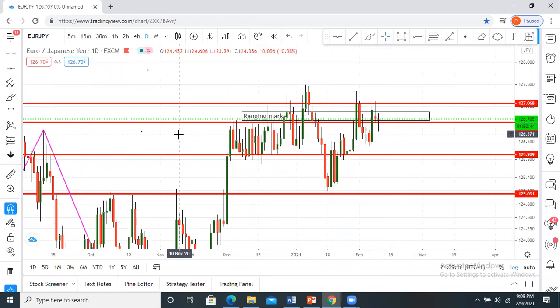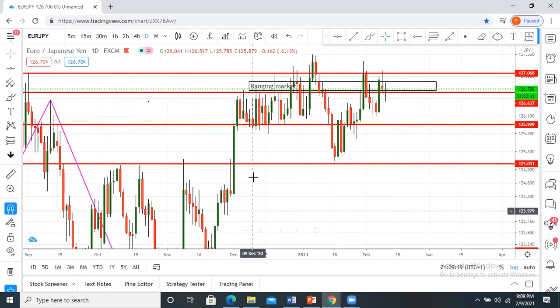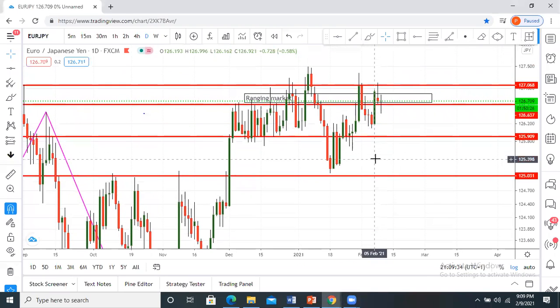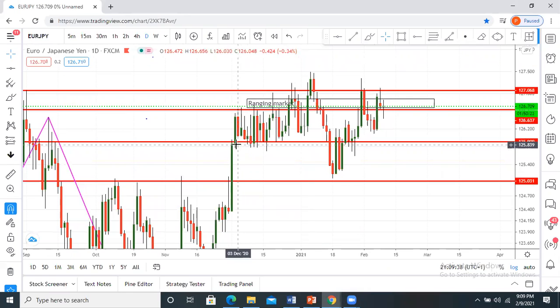Look here. This is December, since the 2nd of December till date. Would you say this market is trending or is ranging?